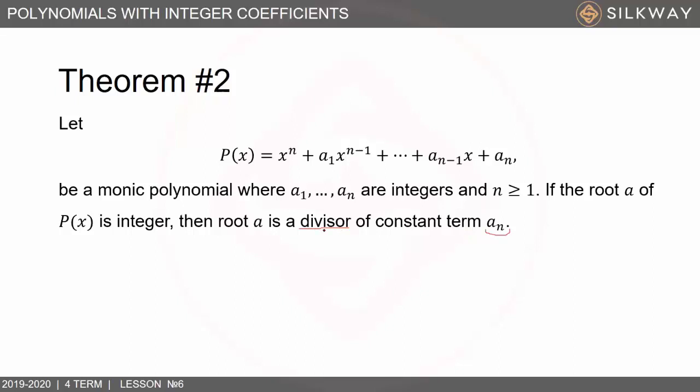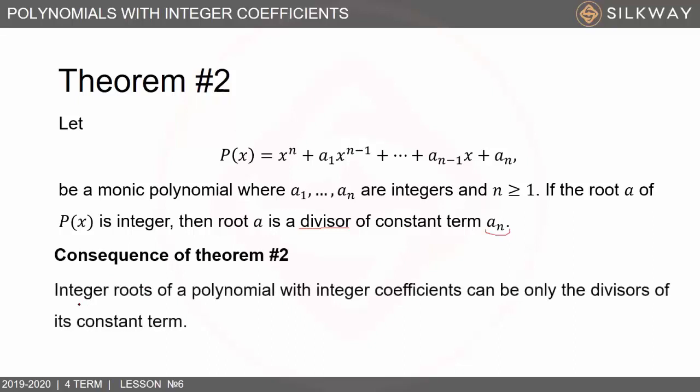Divisor is bölgüç. Okay, consequence of theorem 2: integer roots of a polynomial with integer coefficients can be only the divisors of its constant term. Okay, look at this theorem and read and try to understand.